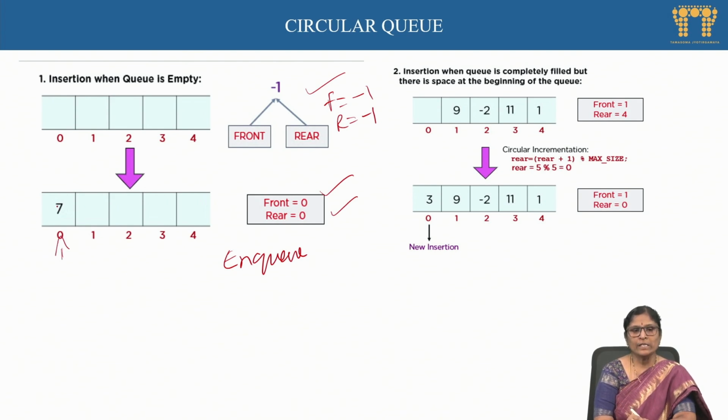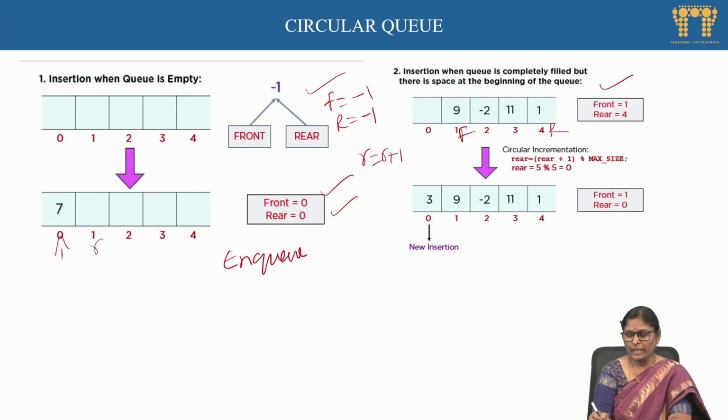You have inserted 7, and then you have to increment your rear. In this example, your front is here and your rear is over here. In the case of the linear queue, whenever you insert an element, we perform an increment, R is equal to R plus 1.